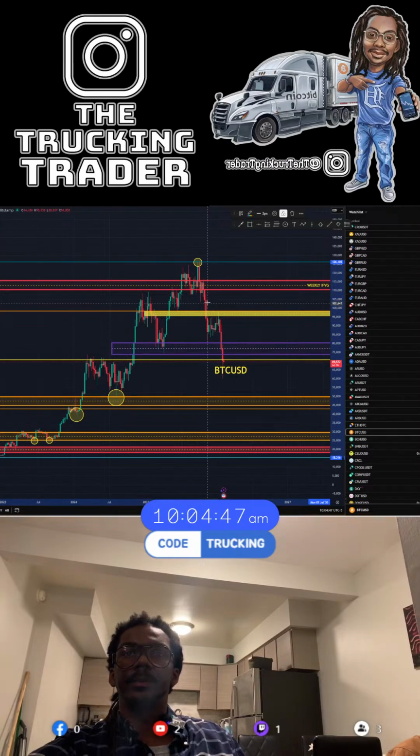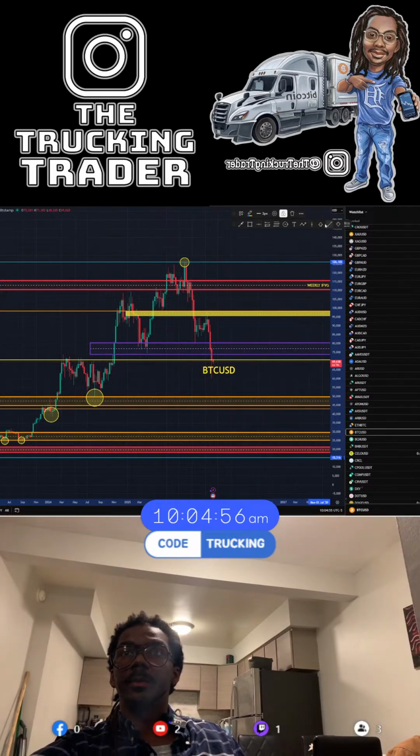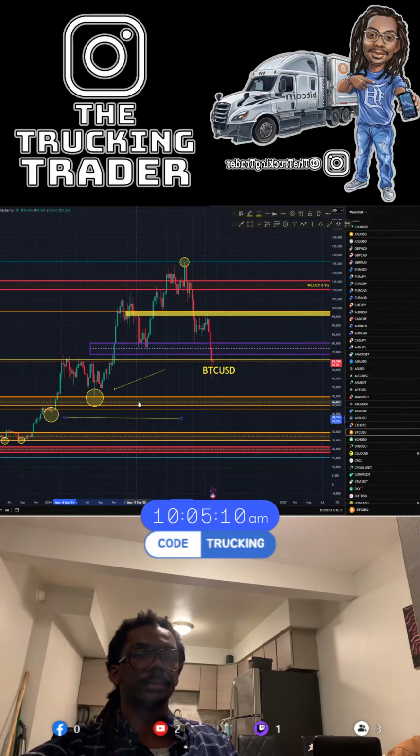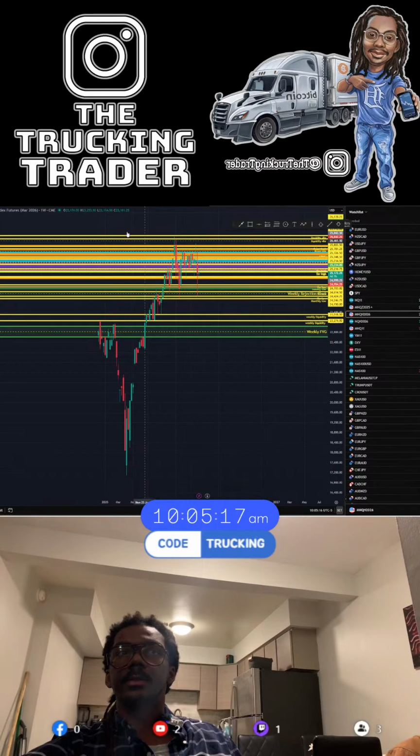So now the question is, how far into this discount zone are we going to dig into? You guys already know, based on what I still have on my chart, I'm looking at this liquidity right there. I'm looking at this liquidity right there. So I do think Bitcoin is going to come down to 30,000 or below. All right, I know a lot of people don't believe it, but I definitely think that's what's going to happen.